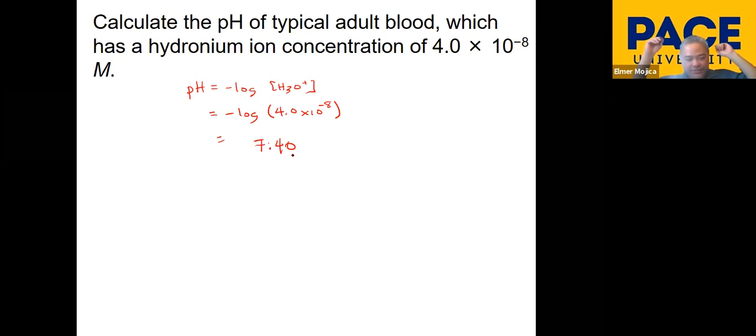Now, this is where I want you to remember where the significant figures are. How many significant figures does this number have? Anyone? How many significant figures do you see here in this number?